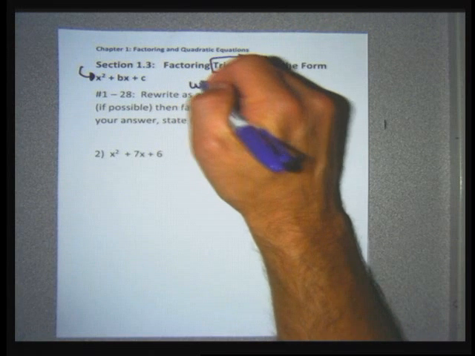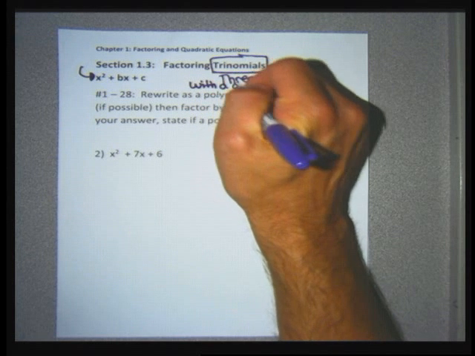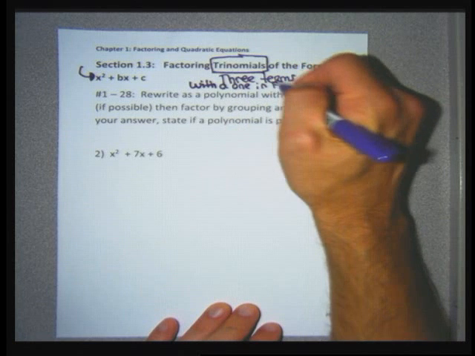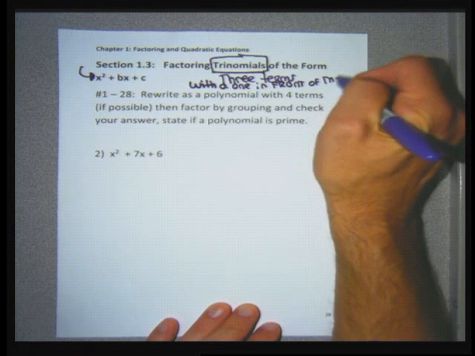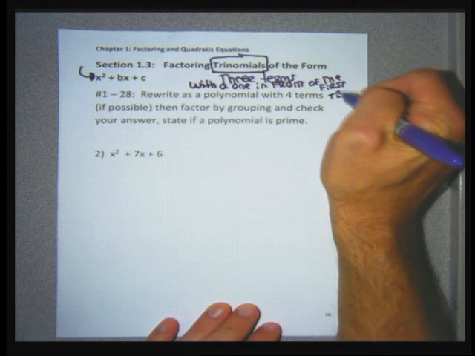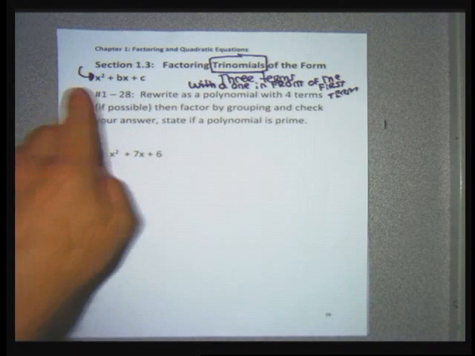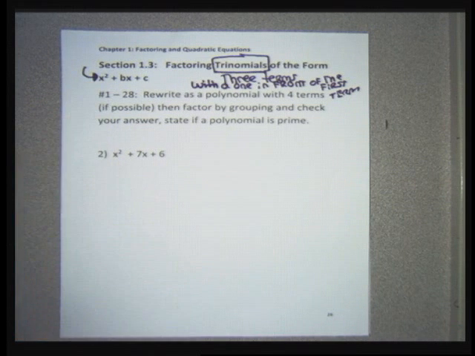So I'm factoring problems that have three terms with a 1 in front of the first term. When we get to section 1.4, we're going to be factoring trinomials with a number other than 1 in front of the first term. They're a little bit harder.